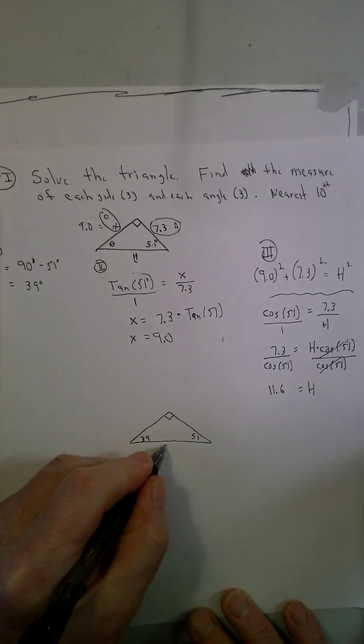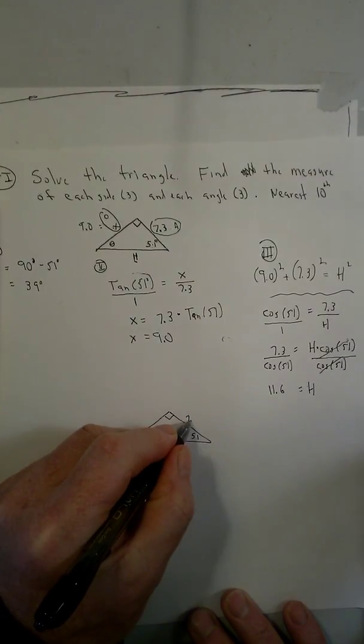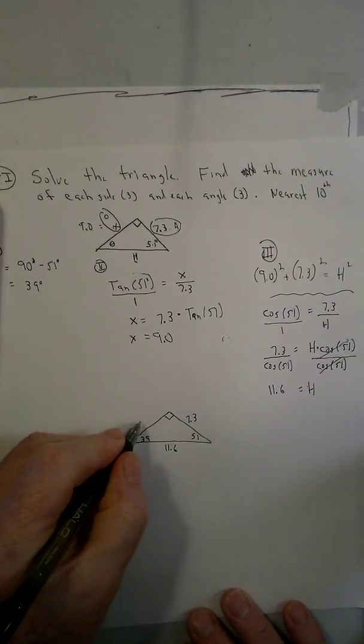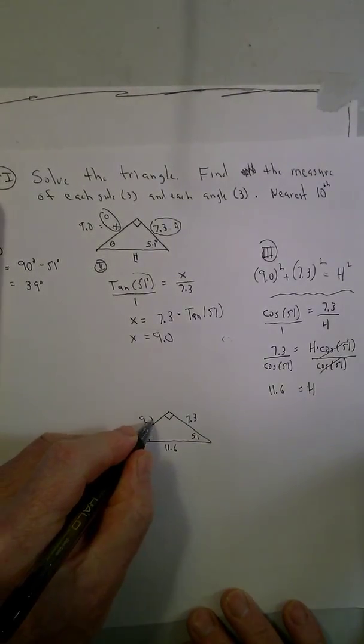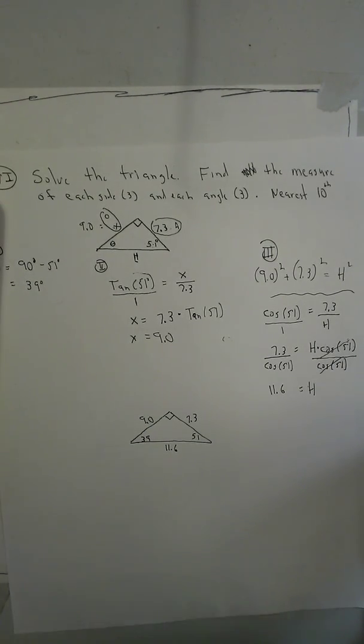This is 11.6, 7.3, and 9.0. All rounded to the nearest tenth. Solving a triangle. So that's like the longest solving a triangle problem you have. Finding all 6 pieces. Great.